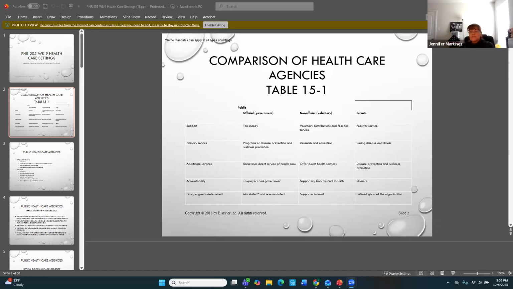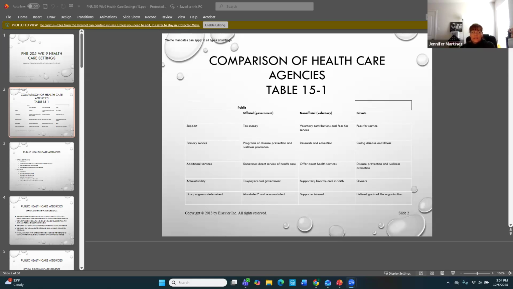So when we look at the different types of healthcare entities that are available, we have public, which are government agencies. We also have private entities, which are going to include both your for-profit and your nonprofit.